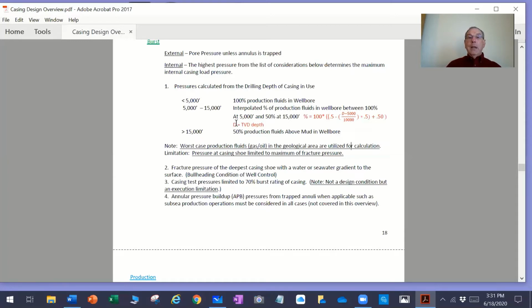But then you could compare it to what the load would be if you did it with number 2. Based on number 1, you might have the case where you were drilling the well to, let's say, 20,000 feet, and a string of casing is being designed with a fluid level of 50%.